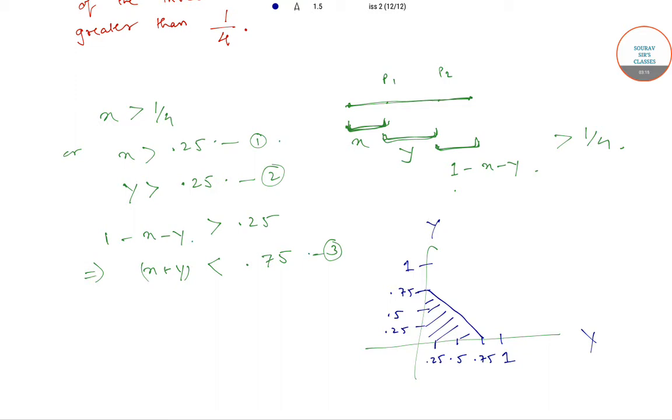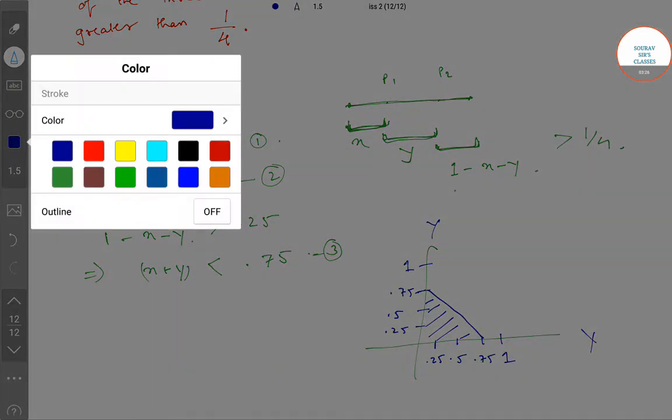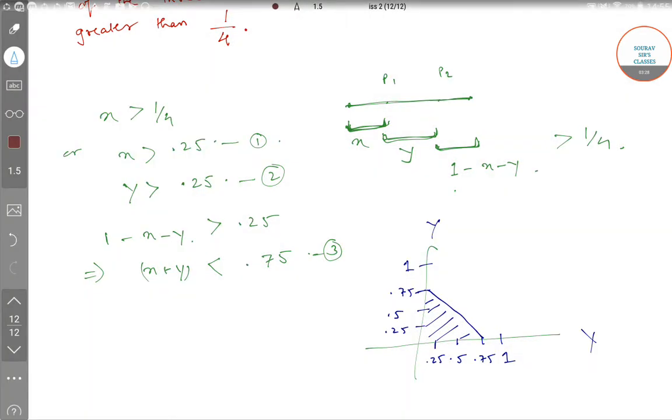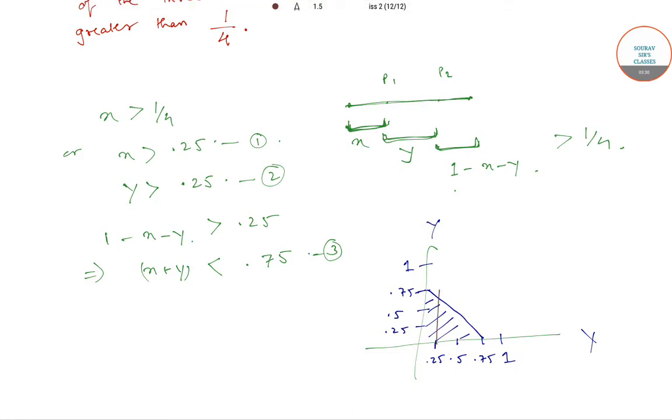Then from equation number 1 we have x is greater than 0.25. Let me change the color again. So x is greater than 0.25, so it would be like this. And then we have y is also greater than 0.25.